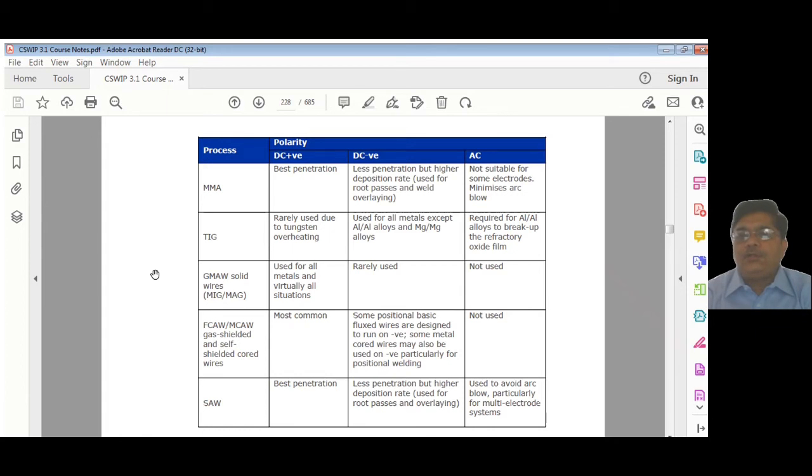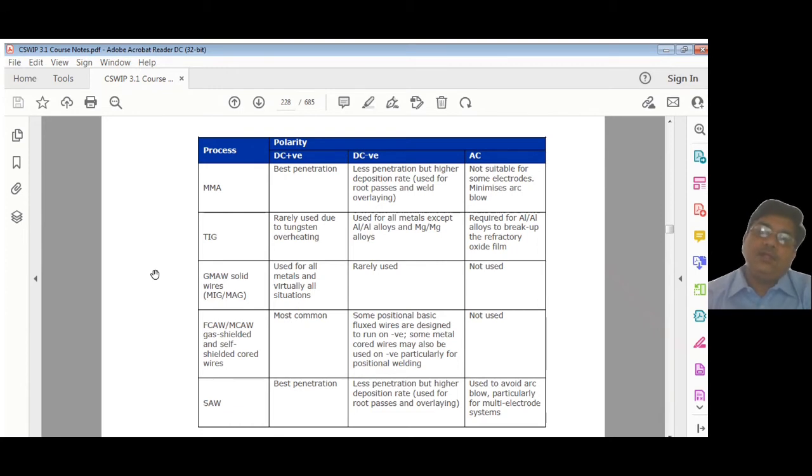AC can be used for welding also, but in AC there is a sine wave, so there will always be a positive-negative loop, and that's the reason there is a lot of spatter generation in that welding, which is start-stop, whereas DC has a linear wave and has the best penetration possible in DC negative.